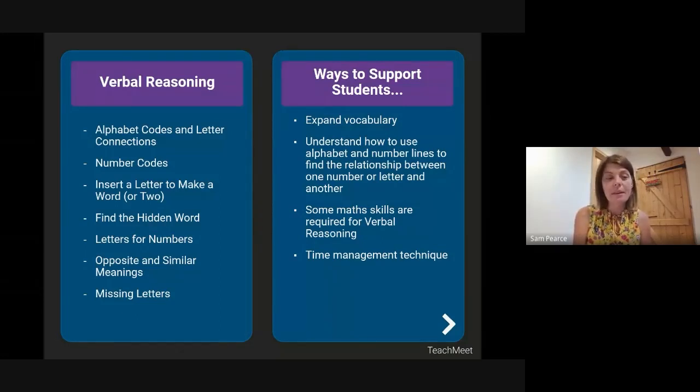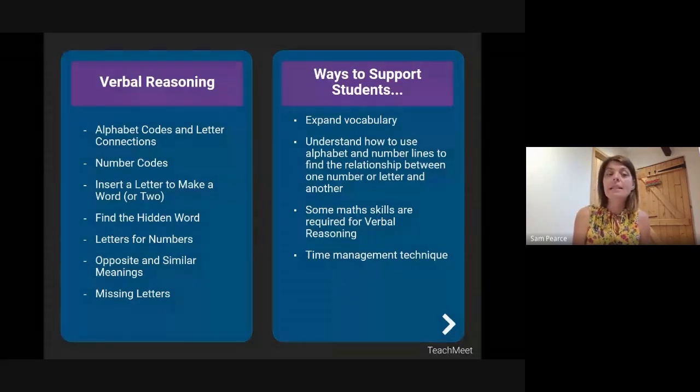There is sometimes a little bit of maths within verbal reasoning, insofar as you can have numbers that are represented as letters, and then students need to complete some sort of a mathematical operation to resolve that question. And then there are vocabulary-based questions within verbal reasoning, where you may be given a list of words and students need to find the 2 words that don't fit that list, or the words that have got opposite meanings or similar meanings. So vocabulary is a crucial part of verbal reasoning too. So as a tutor, you're looking to support your student, of course, with these types of questions.